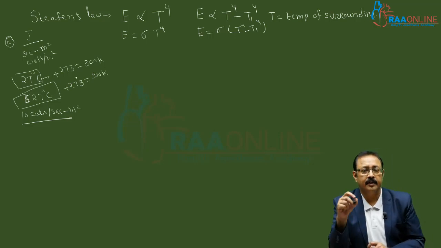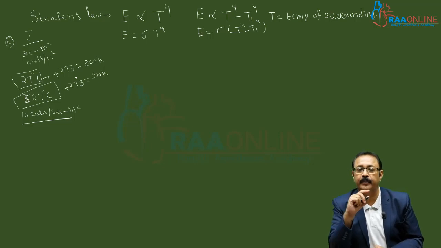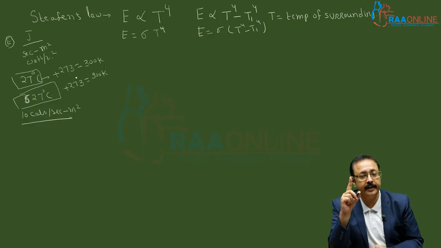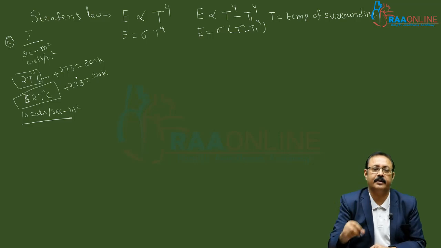It means the temperature is made thrice, but E is proportional to T raised to the power 4. If the temperature is tripled, 3 raised to the power 4 is 81. It means heat energy per second from unit area should now be 81 times.